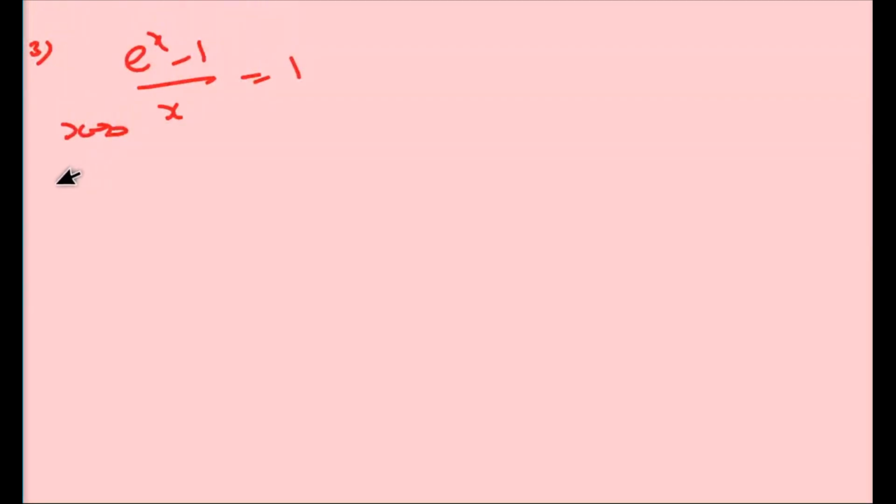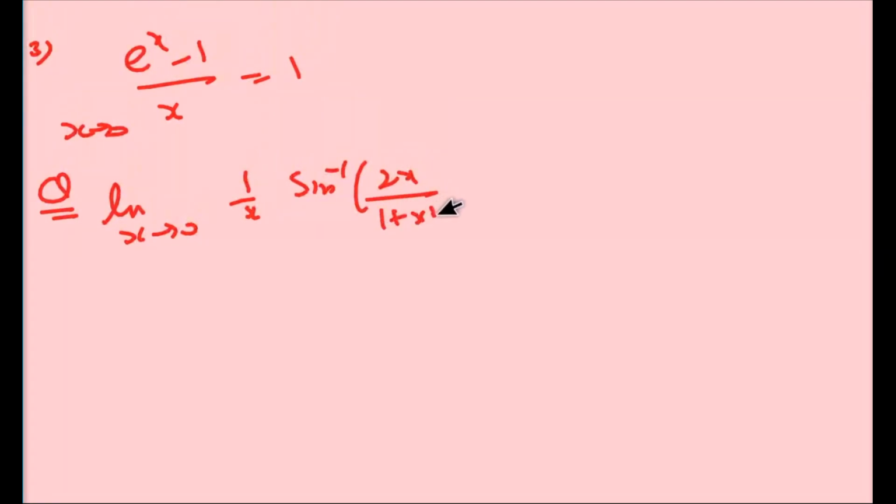Now for practice, I am doing some questions so that you can understand the use of these formulas. Okay, now the question is limit x tends toward 0 of 1 upon x times sine inverse of 2x upon 1 plus x square.